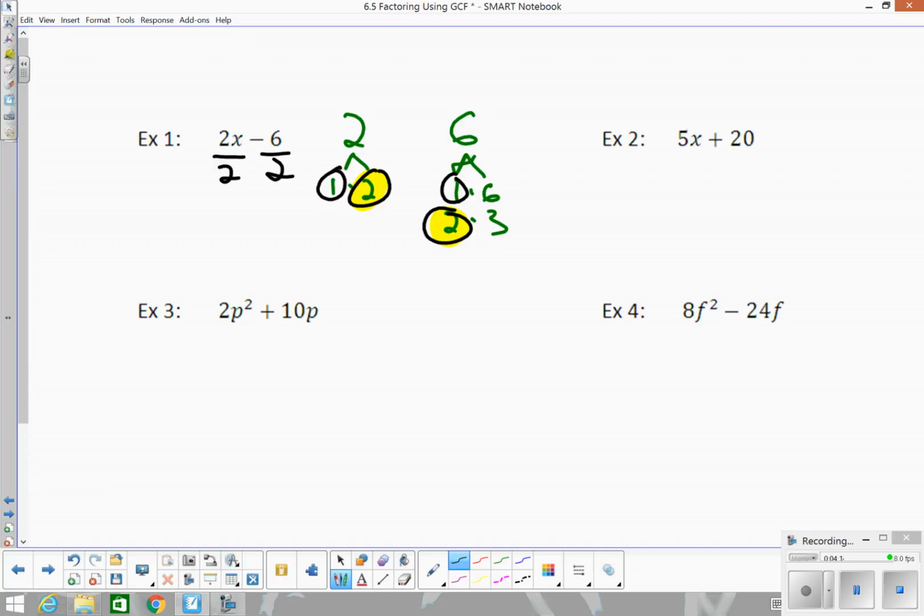Now I'm going to look at my variables. I have an x here. Do I have an x here? I do not. So I can't pull out an x if both terms don't have at least an x.